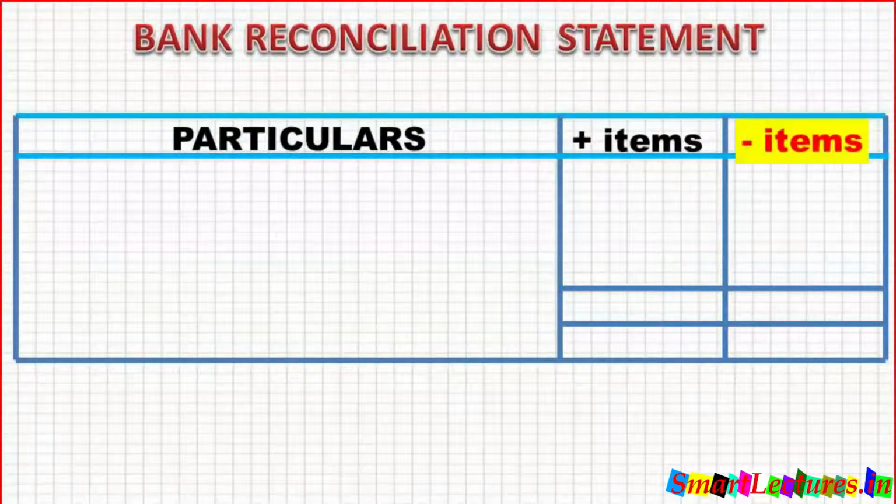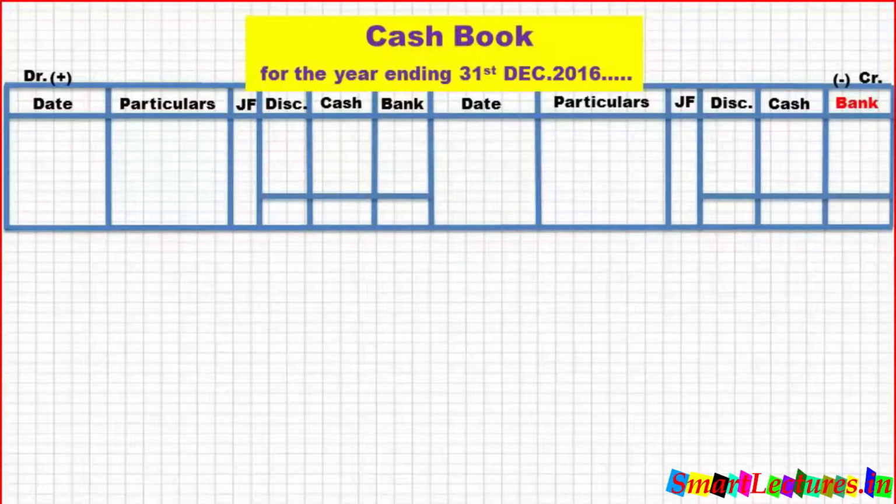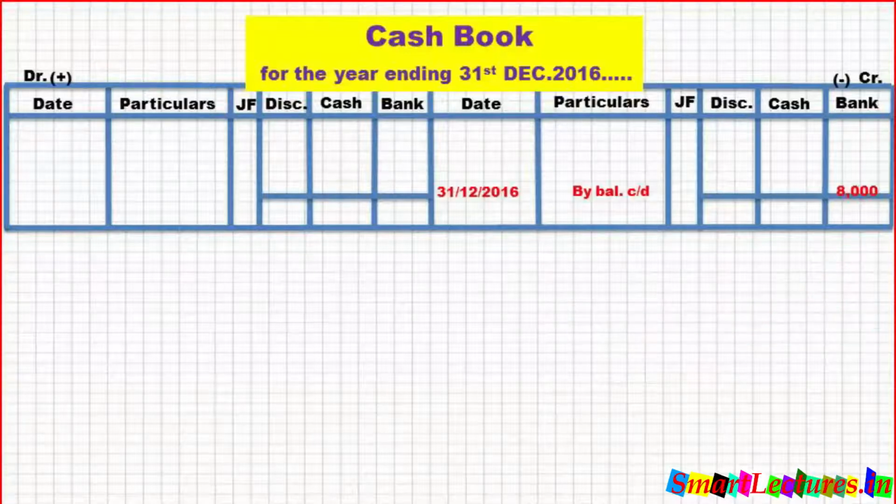First of all, write down balance as per cash book, rupees 8,000. It means the bank column of our cash book was showing that there is 8,000 positive balance, that is, the debit balance in the bank column of the cash book was 8,000. I have given you this format.